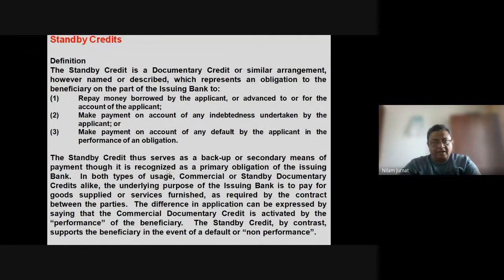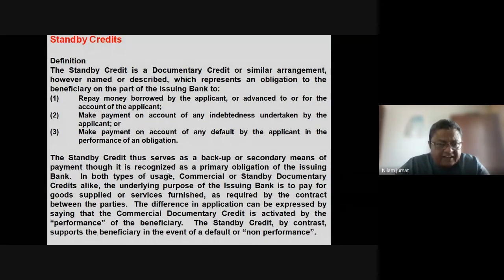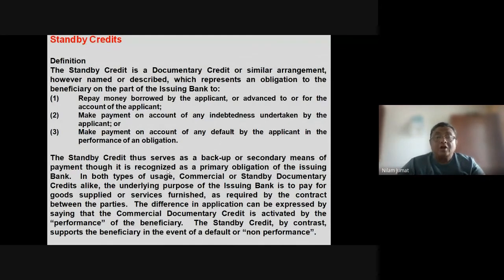So now, how does the exporter claim under the standby? What is he saying? I have shipped? No. If he says I shipped, then it's a normal LC. He is saying to the bank, look here, your customer is supposed to perform the job of making payment for my shipments every 2 months. That is his performance. The understanding under this standby is that now the importer has to perform.